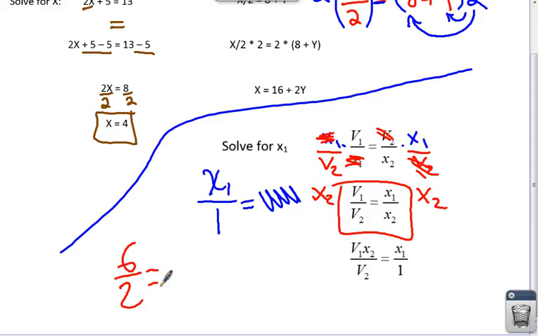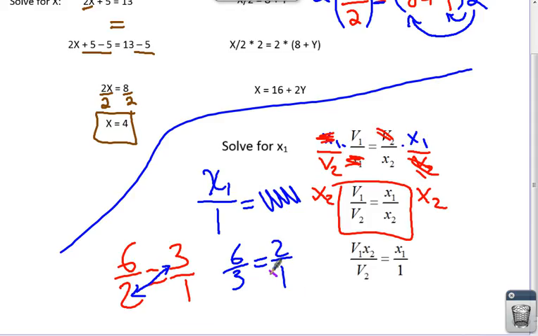Like 6 over 2 is equal to 3 over 1. So we were just saying maybe you could cross-multiply these two terms, just like we did with the x and the v. So let's try that. 6 over 3 is equal to 2 over 1. Oh, that's true, yeah. And then we could even move these two terms.